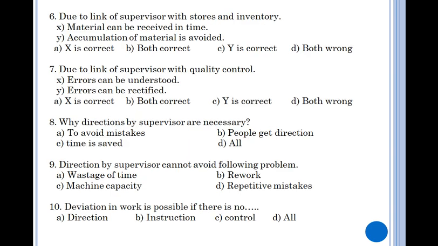Then question number 6. Due to link of supervisor with stores and inventory, what will happen? We have two options: X, material can be received in time, and Y, accumulation of material is avoided.